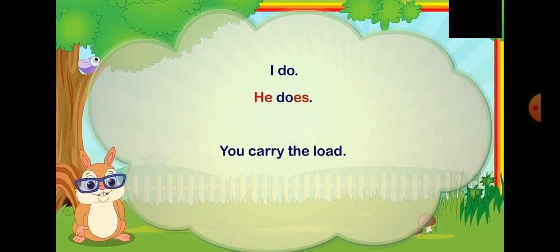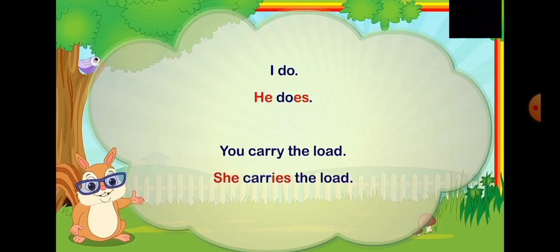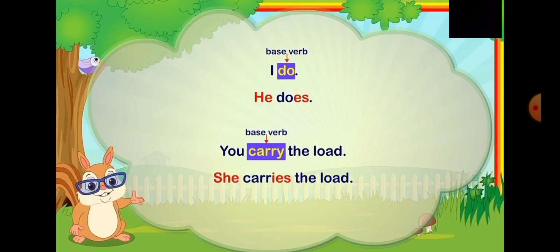Similarly, you carry the load, but she carries the load. For the first person singular, the base verbs do and carry remain the same. There are no changes happening. But in the second sentence, where the third person is used, we add es or ies.